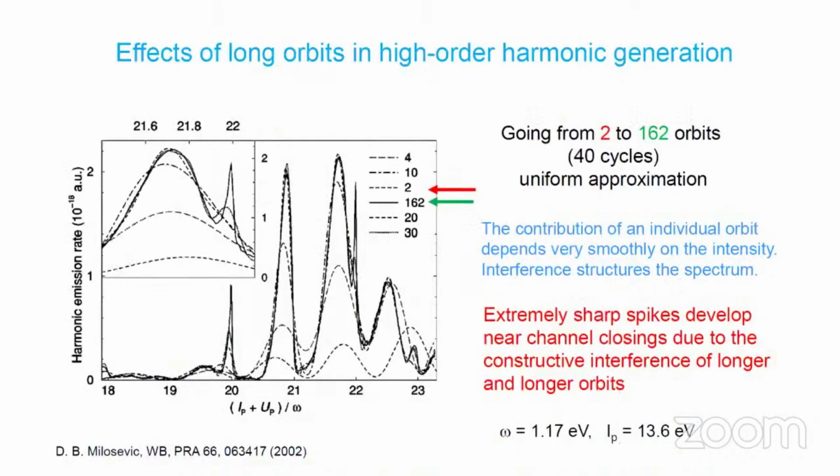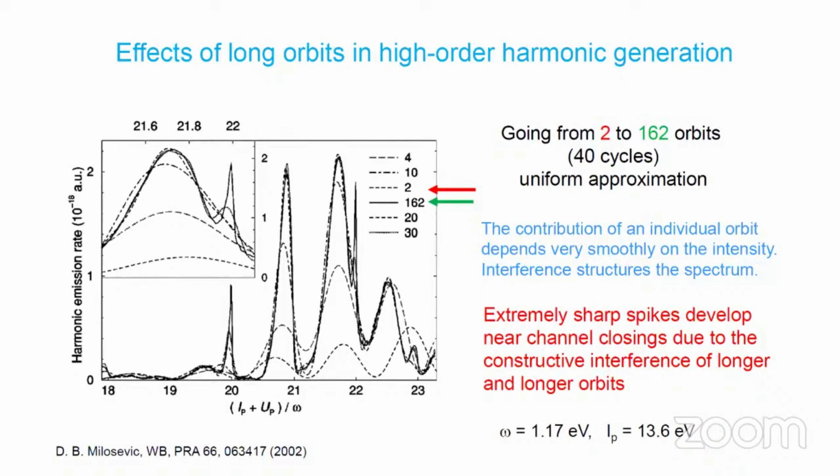And here's another extreme example. It's harmonic generation, but it doesn't matter. Look at this harmonic rate here, how it rises up in an extremely narrow spike. The spike was obtained after superposing 162 orbits, which corresponds to about 40 cycles. And you need that many to build this up.